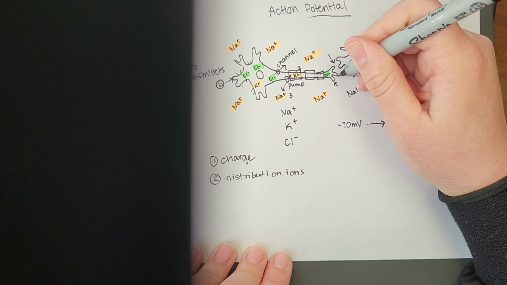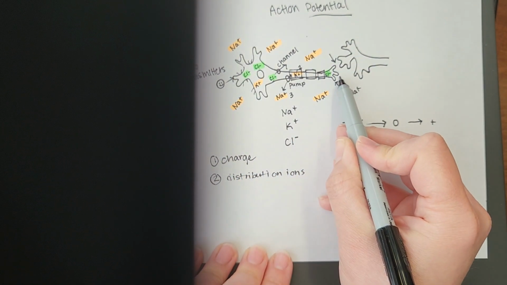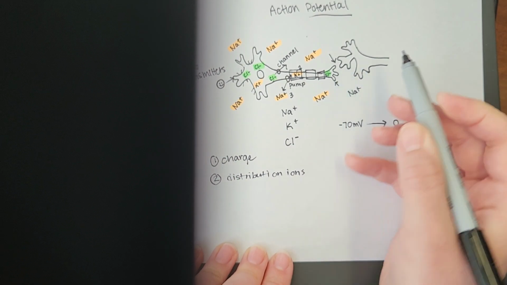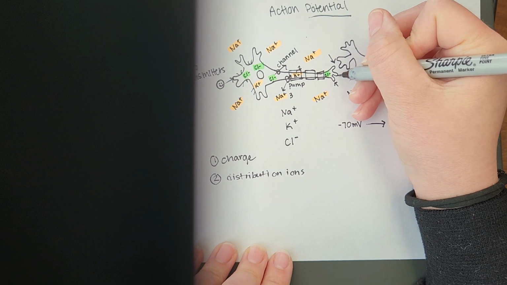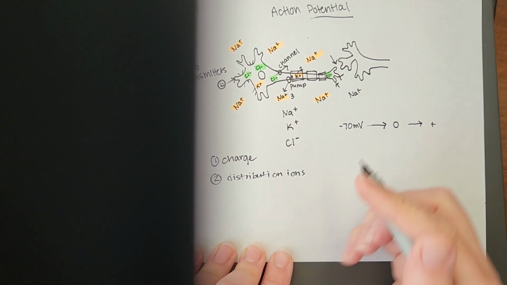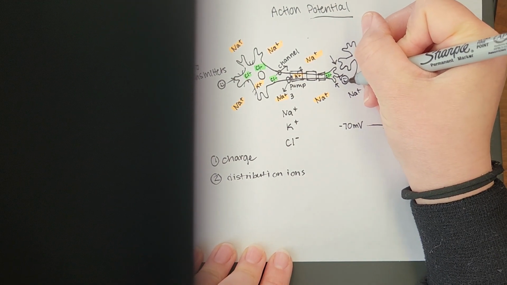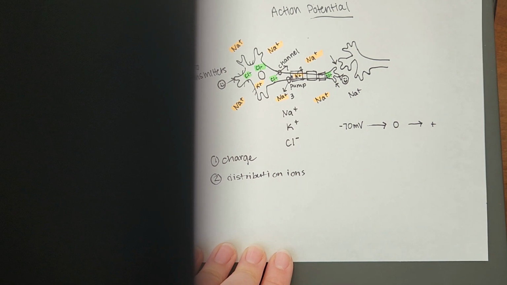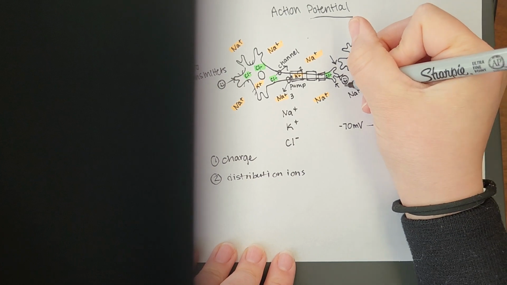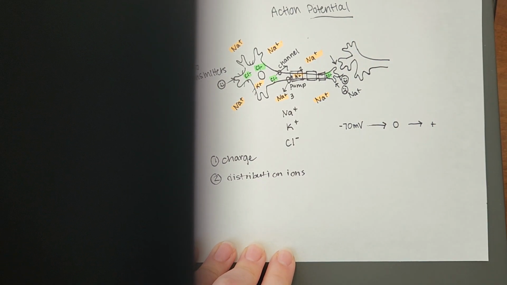And then what happens when that depolarization or that change of charge reaches the end of the cell? Well, that causes a neurotransmitter on the terminal button to be released. Okay? That neurotransmitter, depending on the type of signal that was received, can either be excitatory, meaning it makes something happen, or inhibitory, meaning it stops the message.